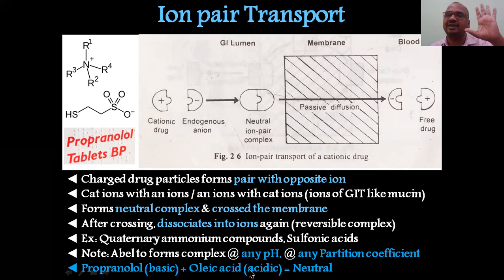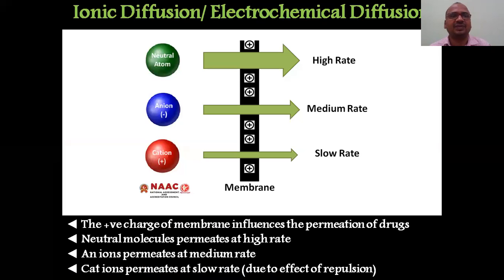This is also very, very important, and it forms a neutral complex. The neutral complex will be transferred, and on this side it will dissociate. This is ion pair, not ionic. Ion pair must be there. Pair is a very, very important word. Okay, the neutral complex goes fast; this is ionic diffusion, not pair.